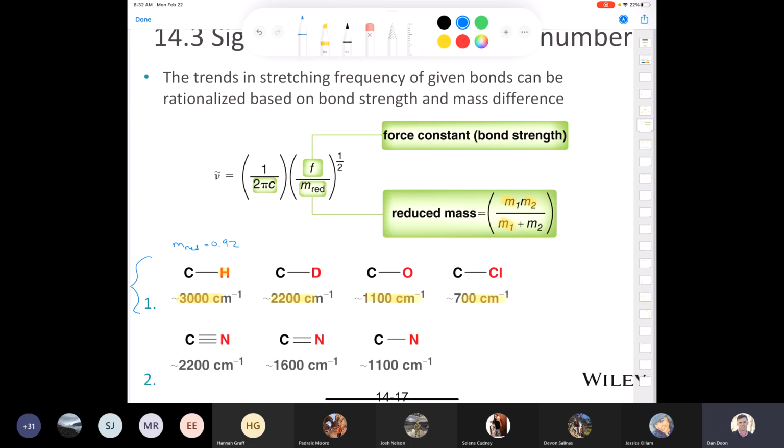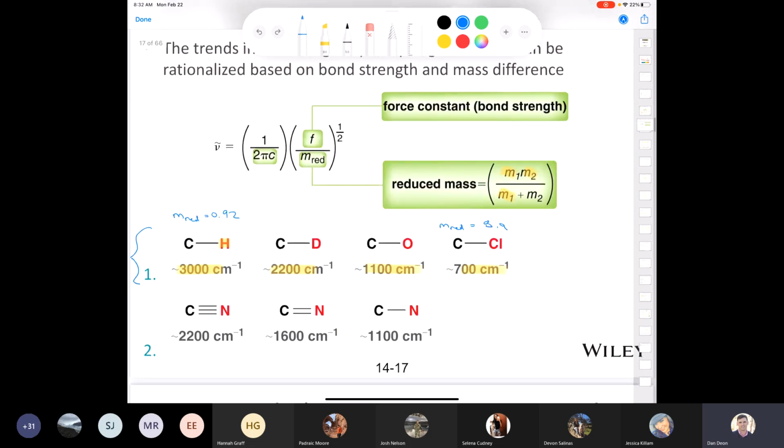If you have carbon and chlorine, then you have 12 times 35 approximately, divided by 12 plus 35, and that would give you a reduced mass that is much higher. It's 8.9. So as the reduced mass gets higher and higher, since it's in the denominator, the wave number, or the energy of the infrared radiation that's absorbed, is going to be lower and lower.